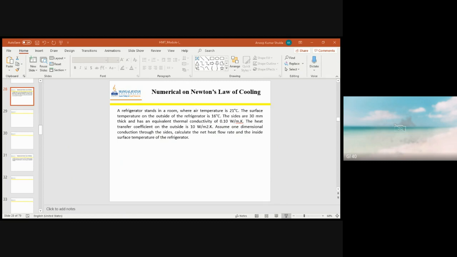So this will give the inner temperature. So the inner wall temperature is given as 1 degree Celsius.